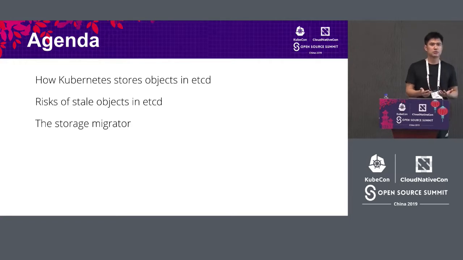But when I tried to do the kubectl delete, I found out that the API server cannot handle the delete operation either. The API server just doesn't recognize the jobs because they are in a stale version. The API server cannot interpret the object anymore.